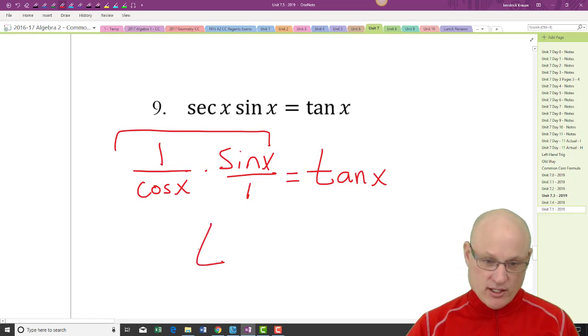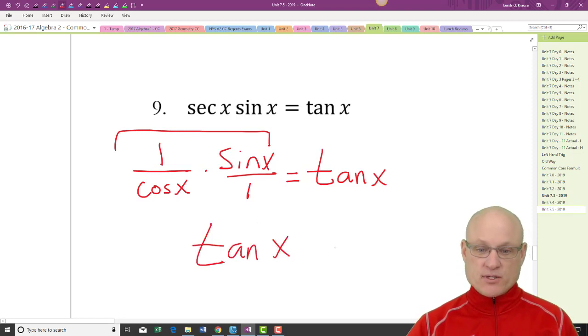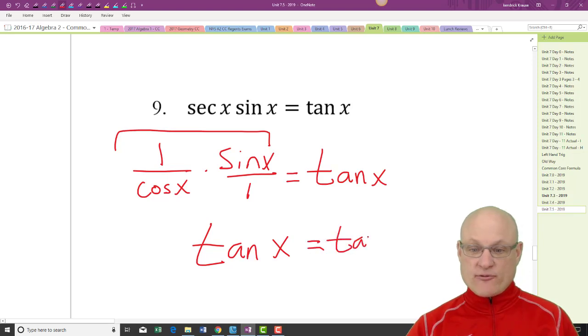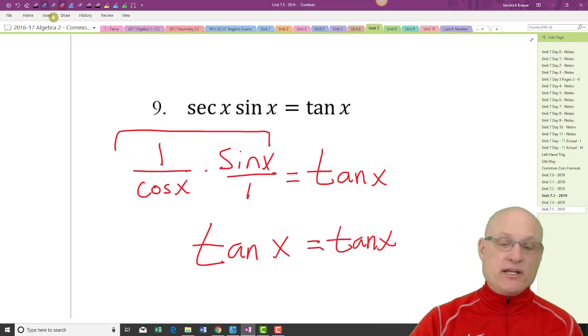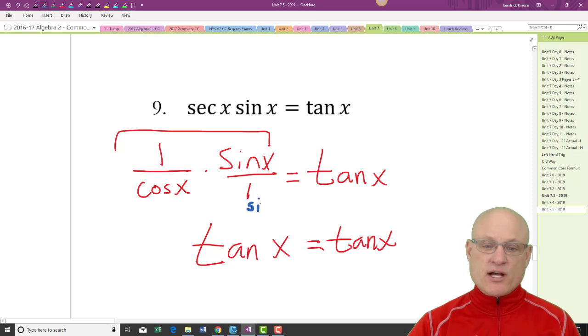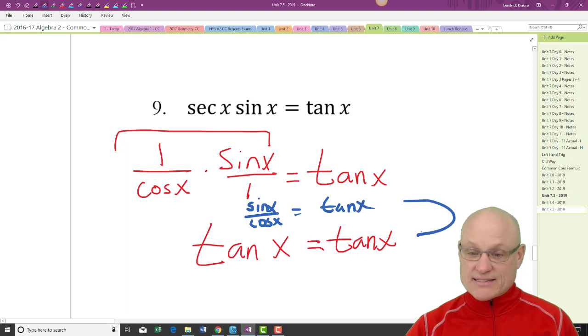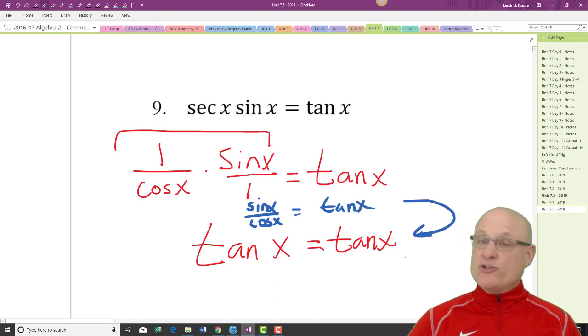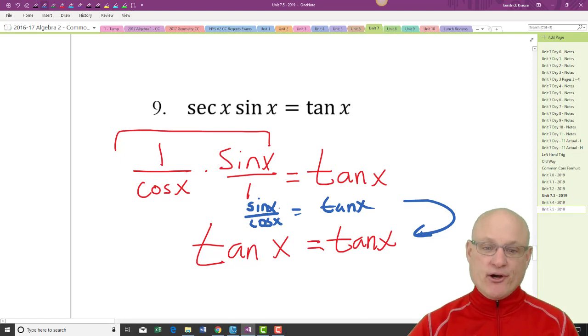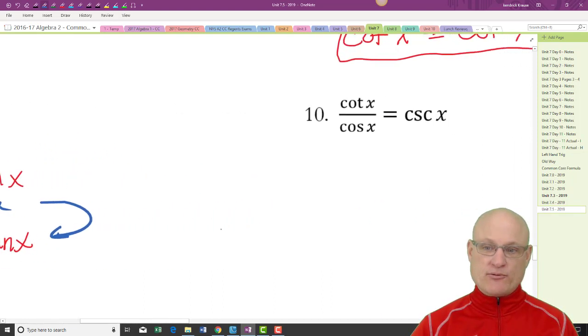You actually have to write it. Oh, that's tangent x equals tangent x. Now, if you want to include the intermediate step by going, oh, that's really sine x over cosine x equals tangent x, but your last line has to be that one. Don't skip it. Don't just go, oh, yeah, duh, that's tan x, I'm done. It's not good enough. You got to finish the proof.